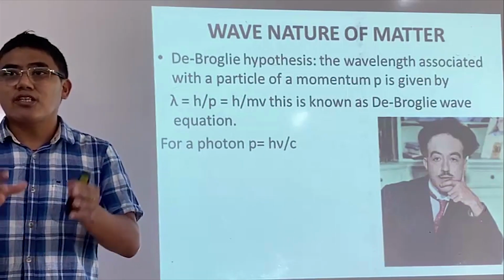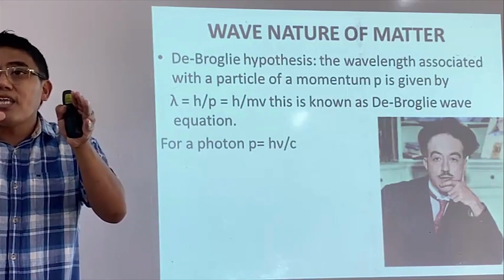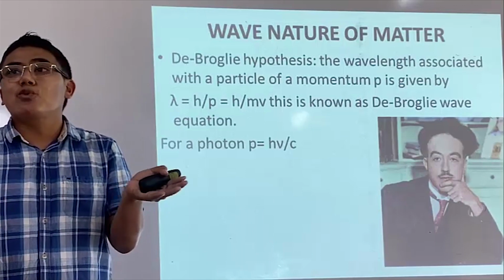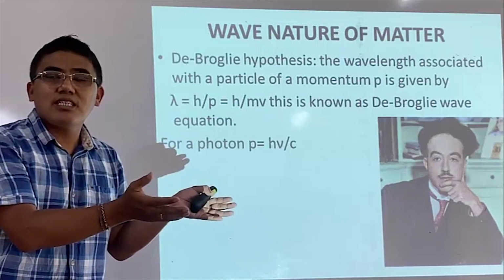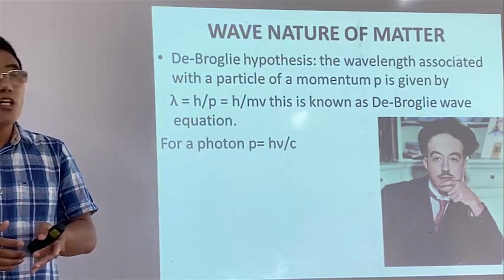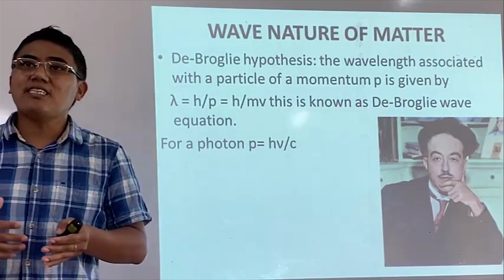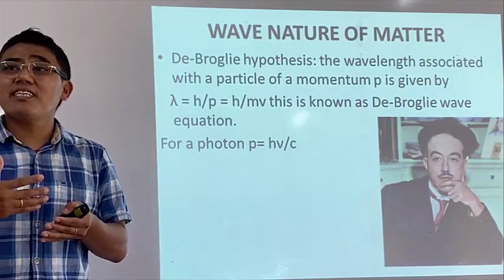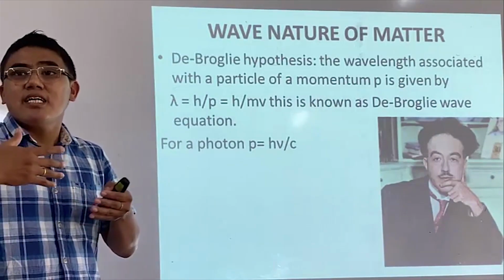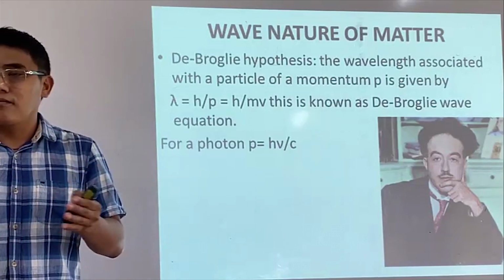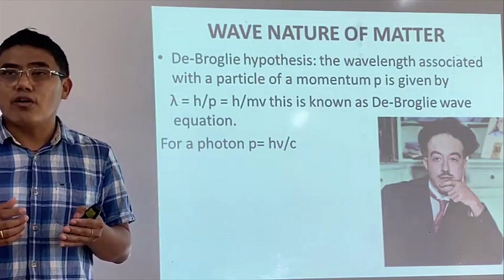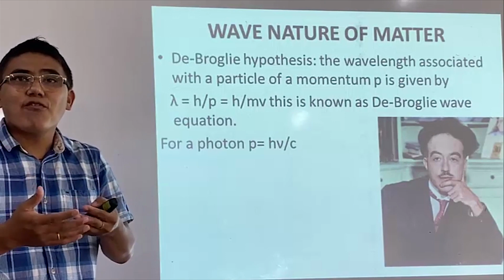We know that the entire universe is made up of two entities, energy and matter. So this was asked by him, and he said that yes, matter acts like a wave also. Matter may behave like a wave.